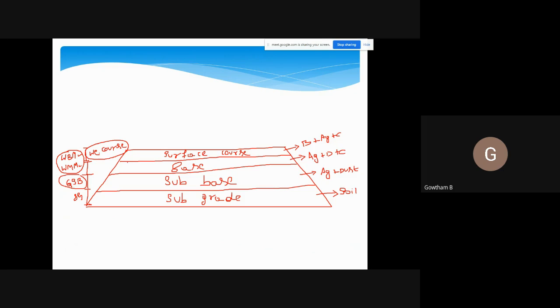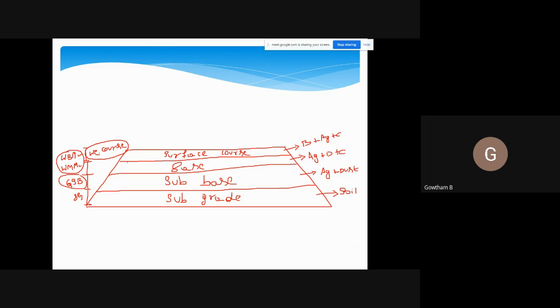Therefore, construction of this layer plays a very important role, and it also acts as a platform or foundation for the surface layer. The base layer is of two types. Generally we can go with either waterbound macadam or wet mix macadam.